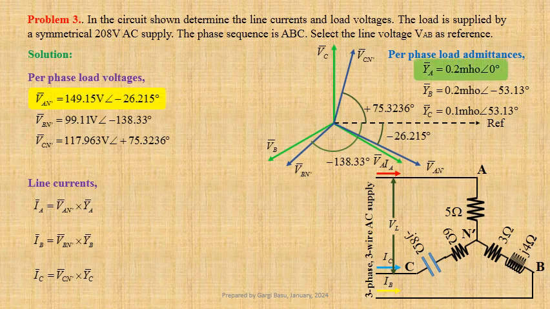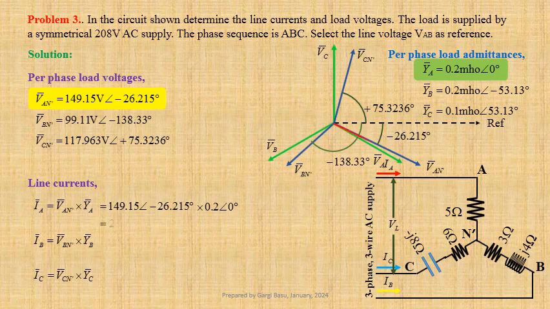Using values we get IA equals 149.15 at an angle minus 26.215 degree into 0.2 at an angle 0 degree.